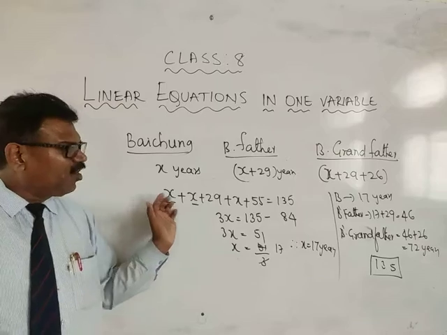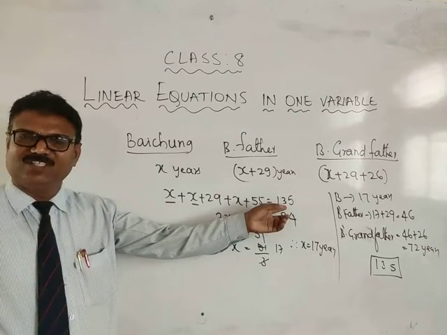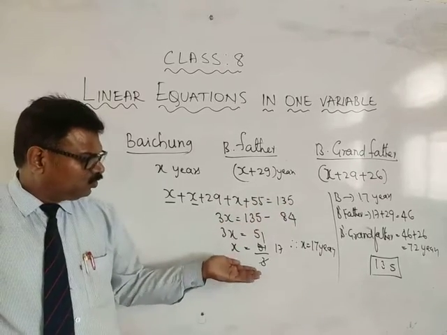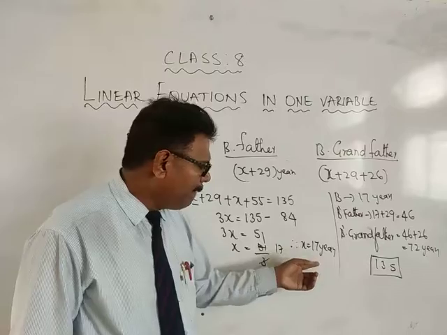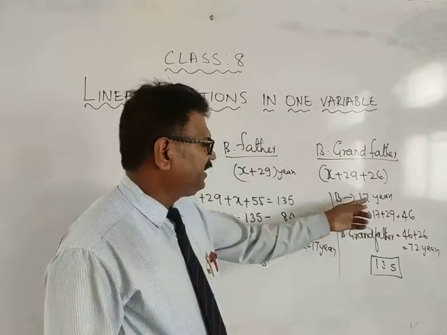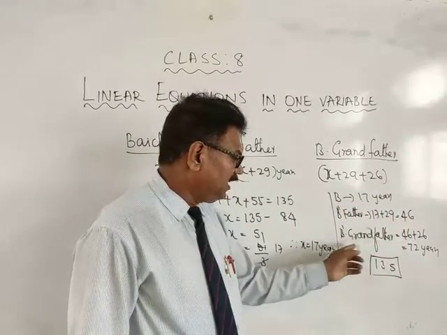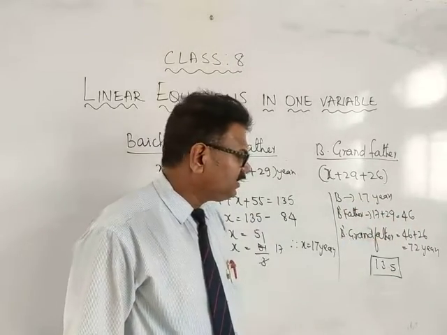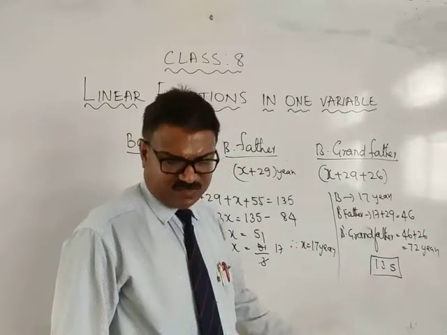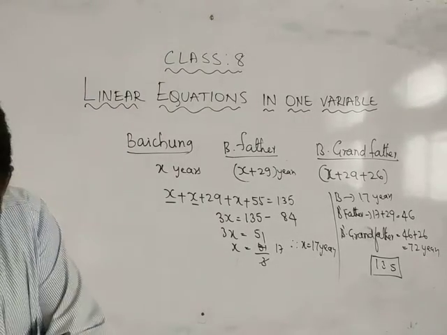Now when you add all the 3 ages, it is equal to 135, as given. If you solve, you will get x equal to 17 years. Baichang is 17 years, Baichang's father is 46, and Baichang's grandfather is 72. Okay? If you add, you will get 135 years only. Did you understand? Yes, please take down.